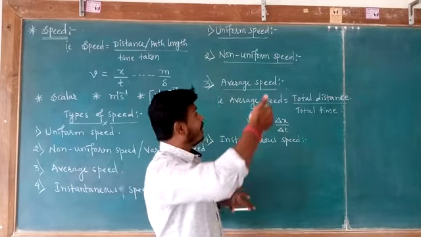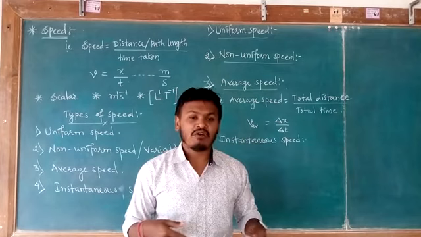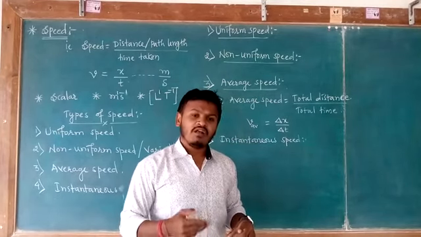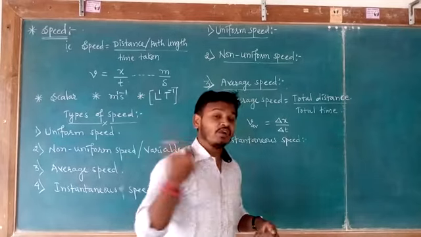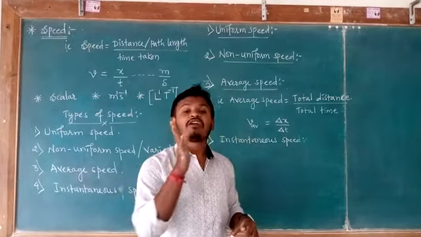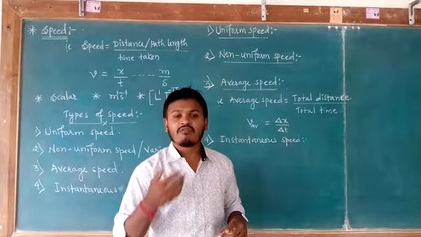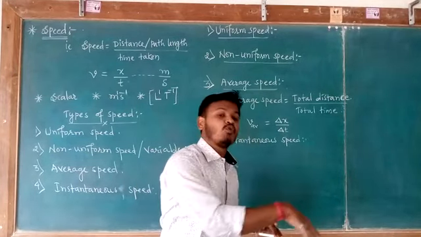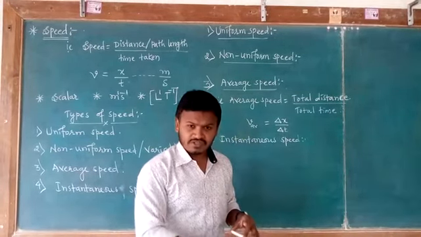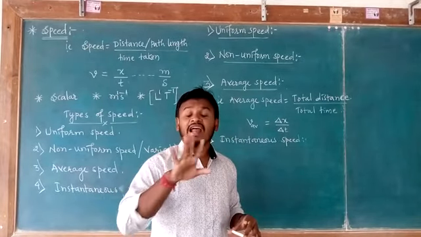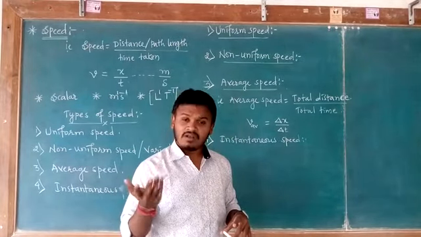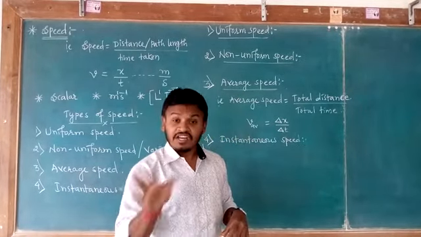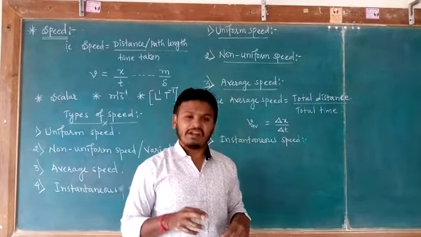Another type of speed we have is non-uniform speed. Non-uniform speed means the speed of a body is said to be non-uniform if it covers unequal distances in equal intervals of time, or unequal distances in unequal intervals of time, or equal distances in unequal intervals of time.